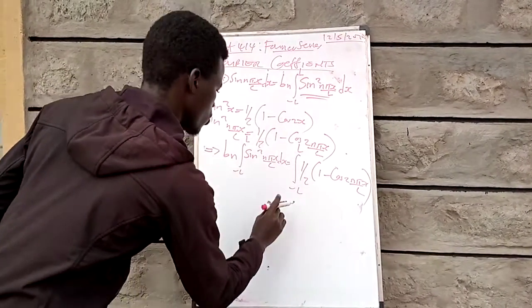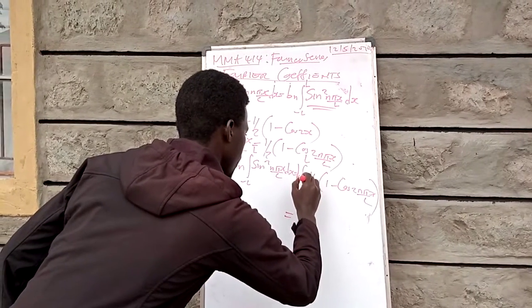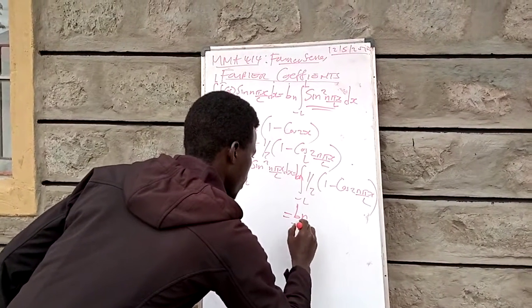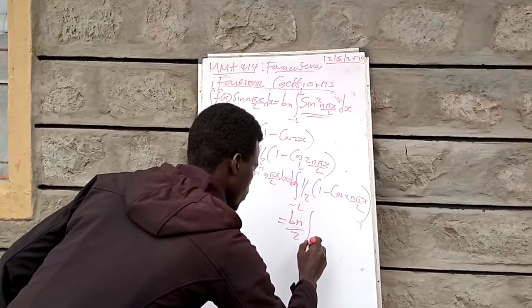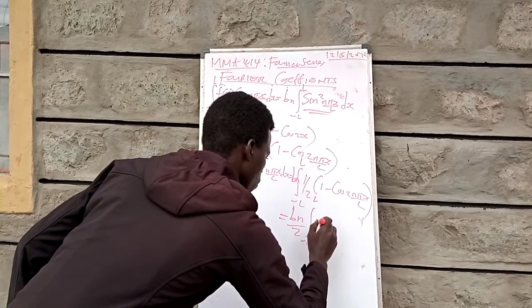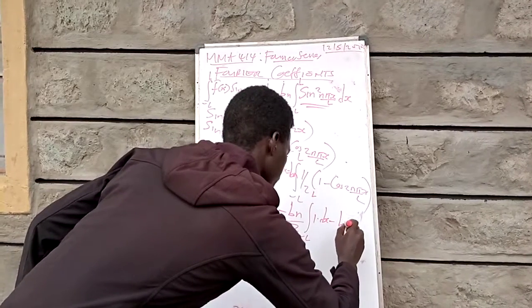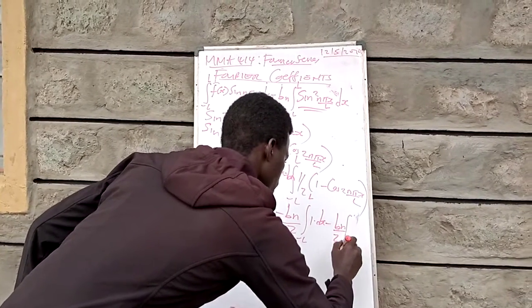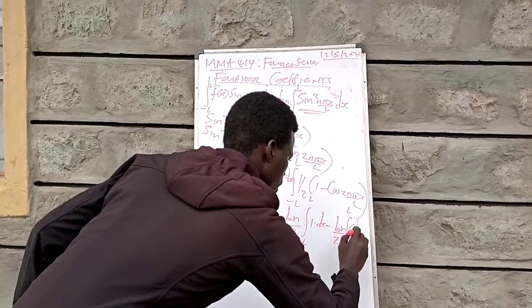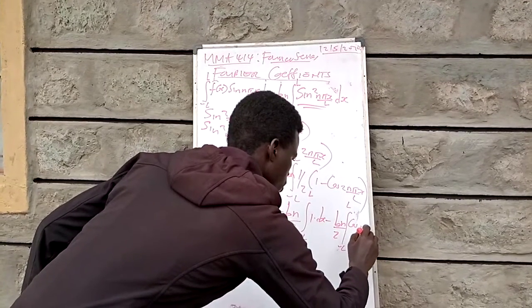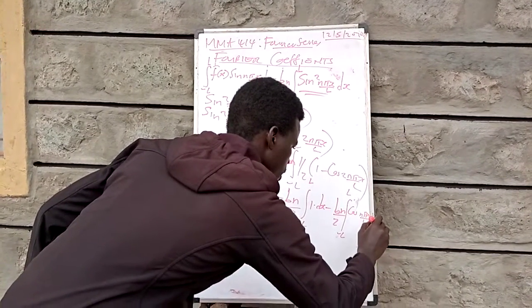There is a bn here, so it is bn divided by 2, and then we're integrating from negative L to L 1 dx, minus bn over 2 integral from negative L to L of cos 2 n pi x over L dx.